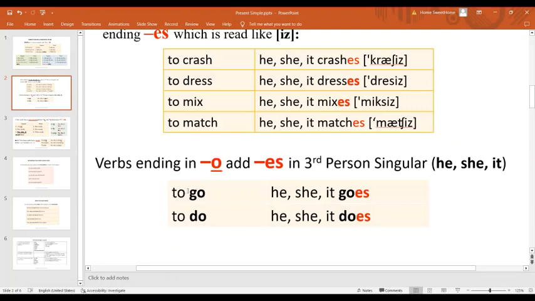To go, "to" shows the base form of the verb, which has no changes. To with a verb shows the infinitive. Infinitive means a dictionary form of the verb, which I also call the base form.